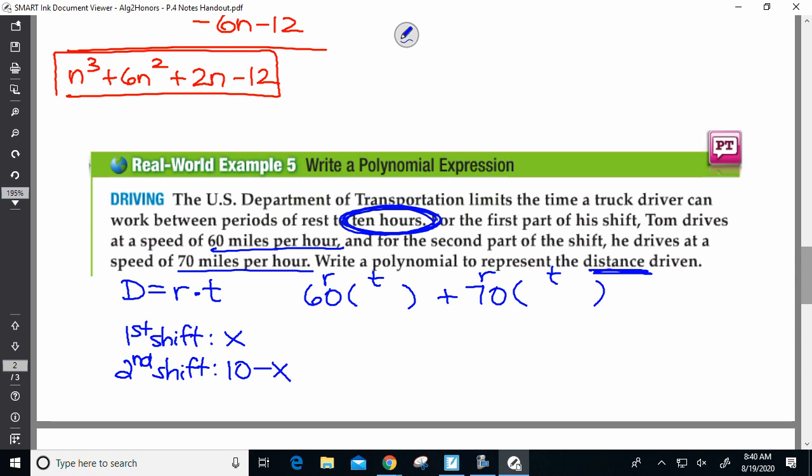So let me pause for a second and ask, does anyone have any questions about how we got 10 minus x? All right. So for first shift, your time was x. Your second shift, your time was 10 minus x.